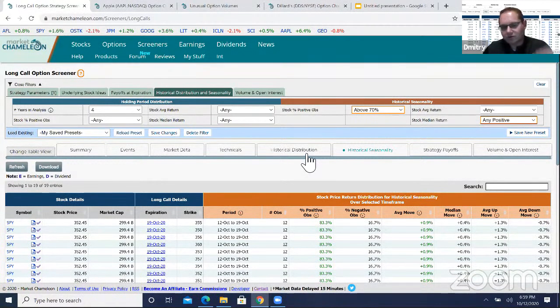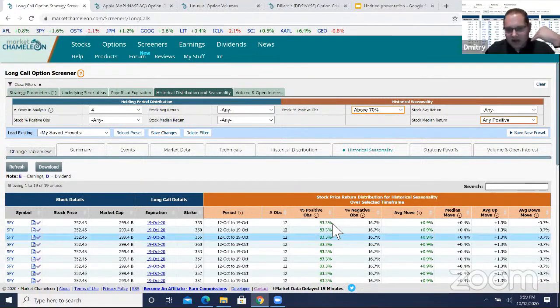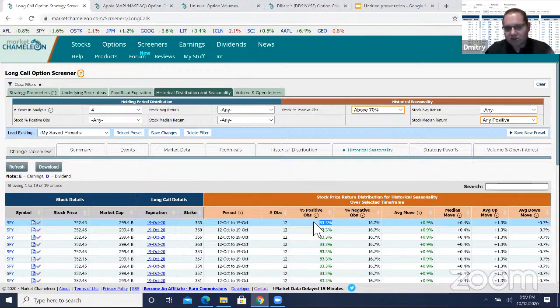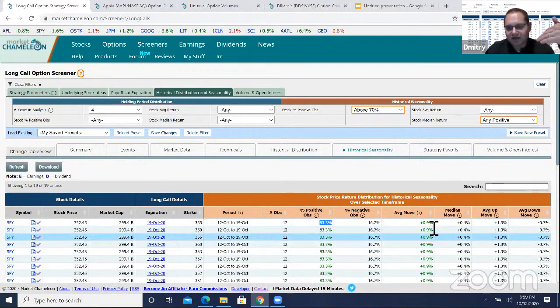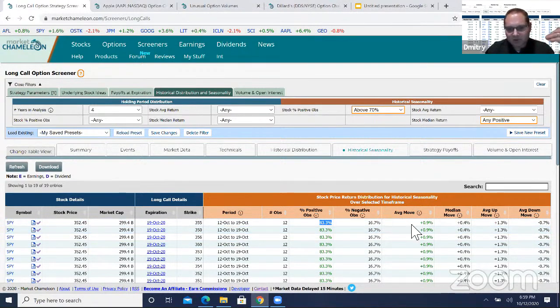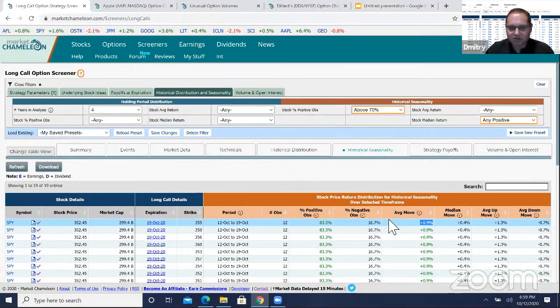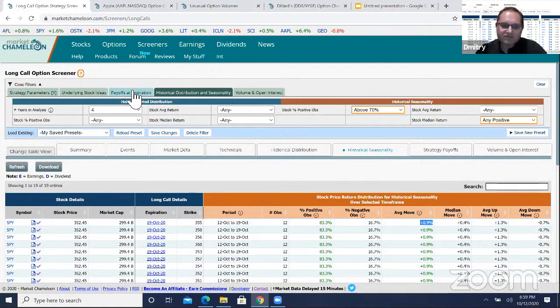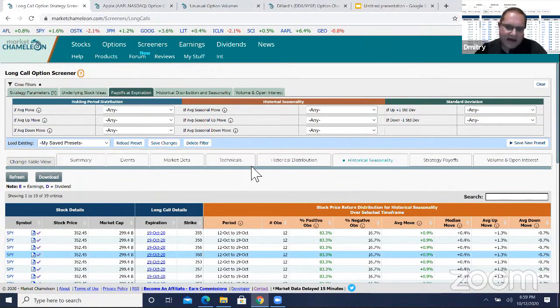But let's go further and say, this is what I'm targeting. I think I like this strategy, and I want to target that on average SPY returns 0.9% based on that seasonality. So I'm going to take a payoff. I'm going to go to Strategy Payoffs, the one next door.